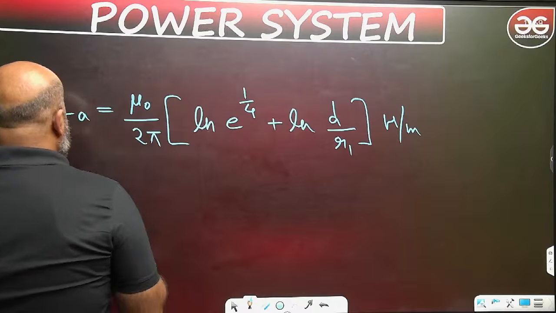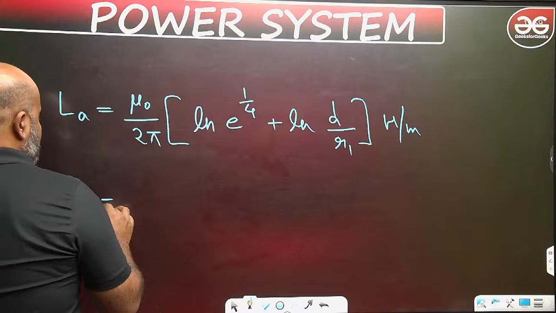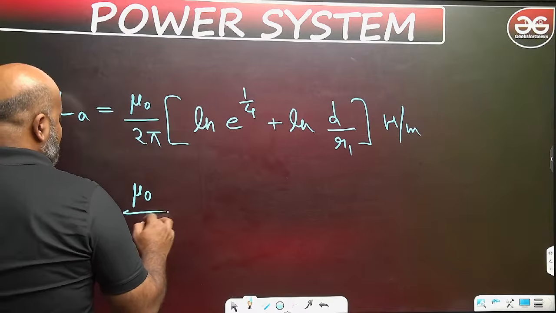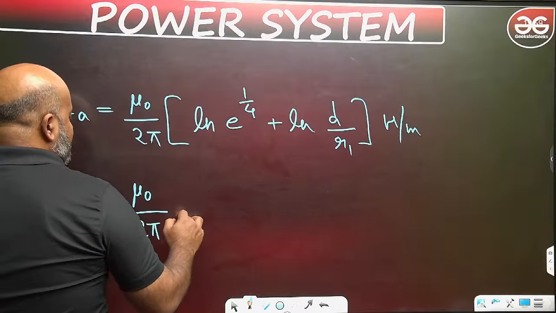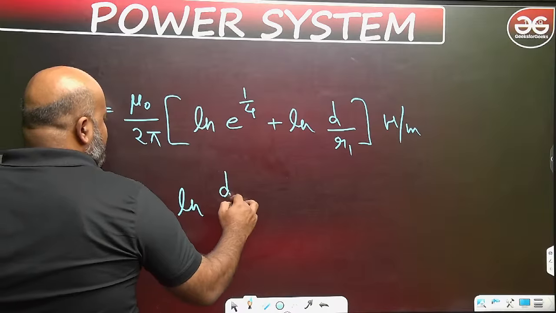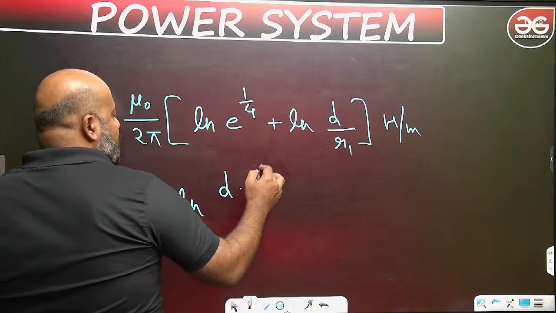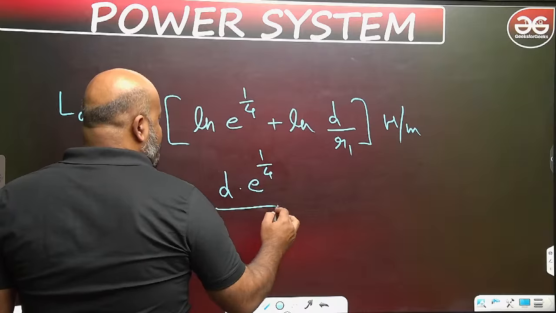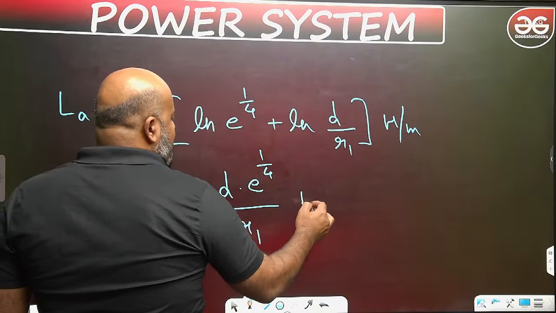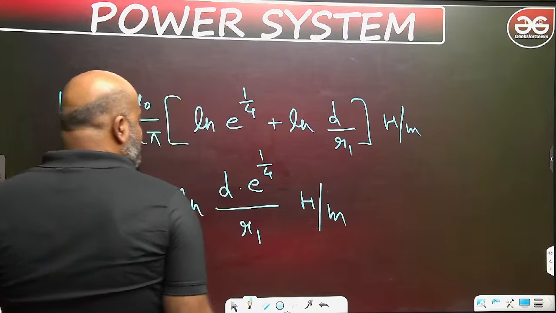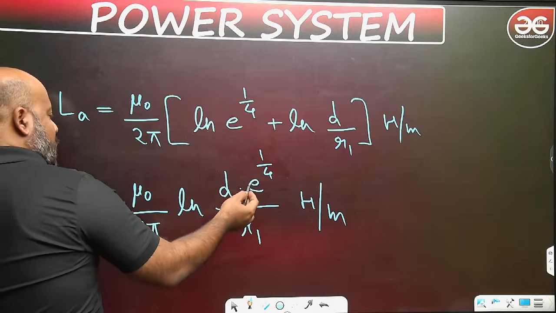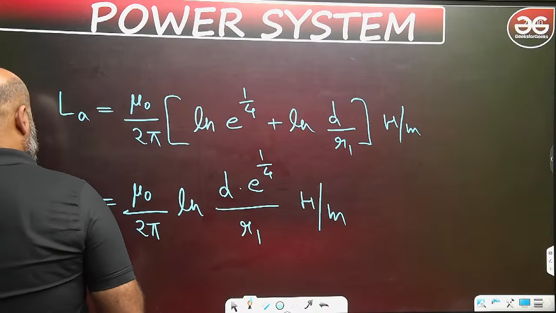Just add them up or combine them. So it becomes mu naught upon 2 pi ln D e raised to the power 1 by 4 upon R1, Henry per meter. Now I will bring this e raised to the power 1 by 4 into the denominator.